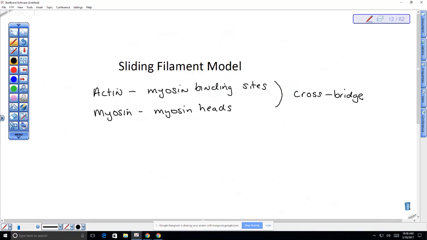The myosin heads are also able to pivot and cause the sliding together of the filaments.